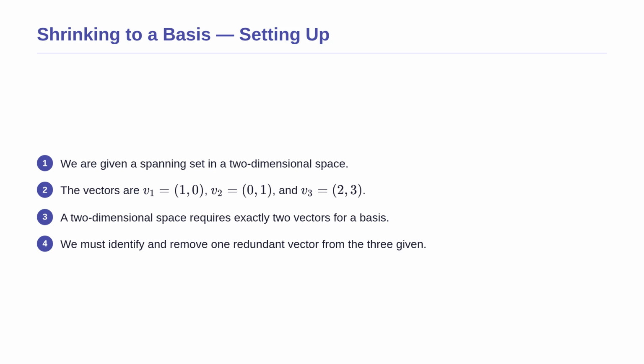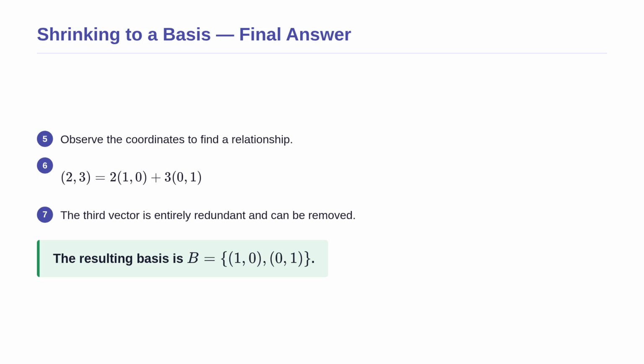Since we currently have 3 vectors, we know for a fact that we have one redundant vector. We need to identify a way to express one vector as a combination of the others, so we can remove it. Let us finish shrinking our set. By simply looking at the coordinates of our vectors, we can see a clear relationship. The third vector, (2, 3), can be built perfectly by taking 2 of the first vector and adding 3 of the second vector. This mathematical statement proves that the third vector offers no new directions.